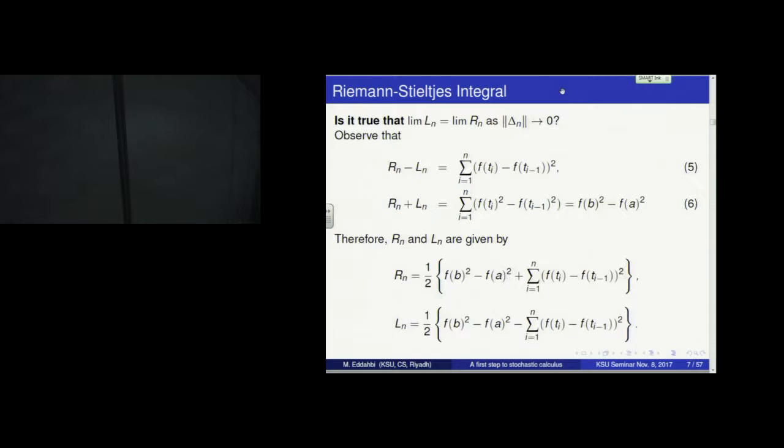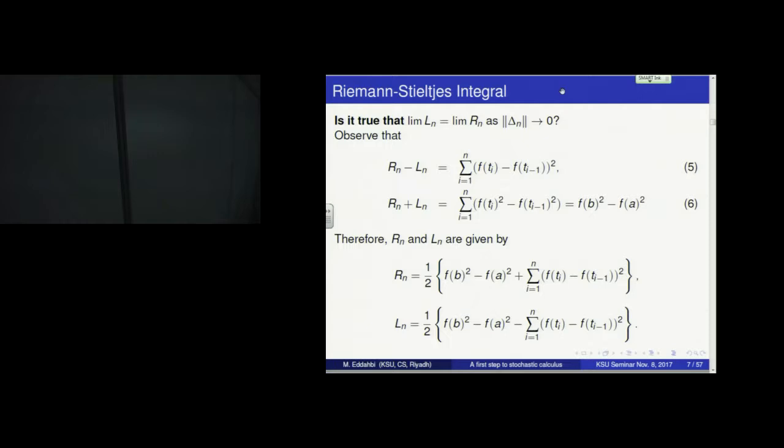Let's see what happens. The sub-question is: is it true that the limit of L_n is equal to the limit of R_n, when, of course, the mesh of the subdivision goes to 0? Let's first calculate the difference. The difference gives you something which you can recognize, and the sum gives you something very simple.